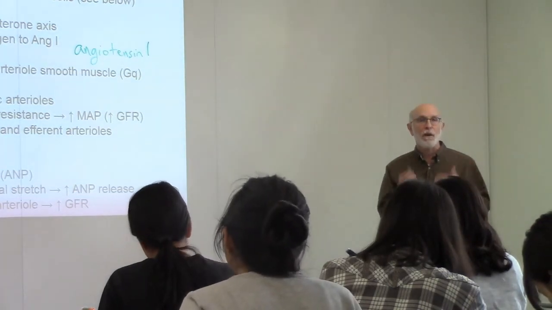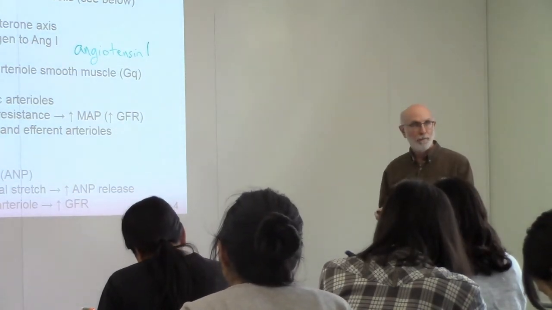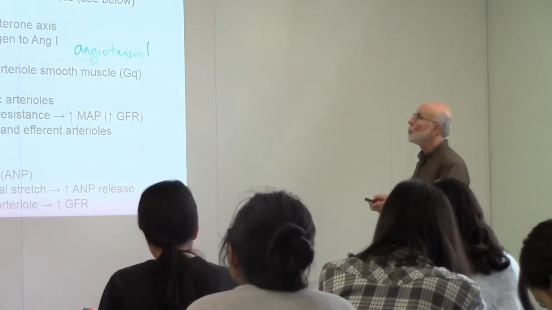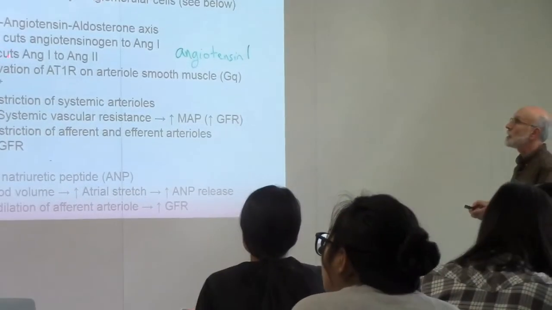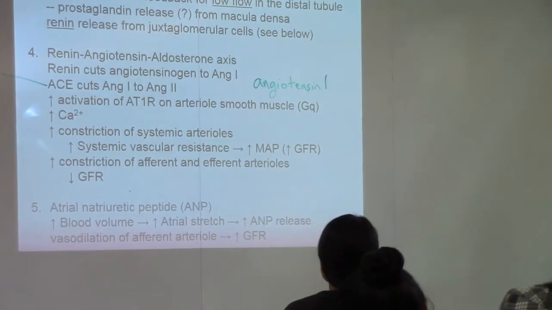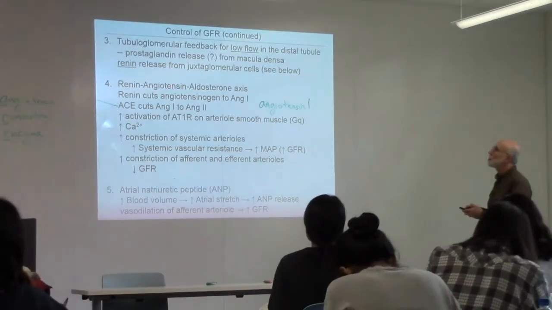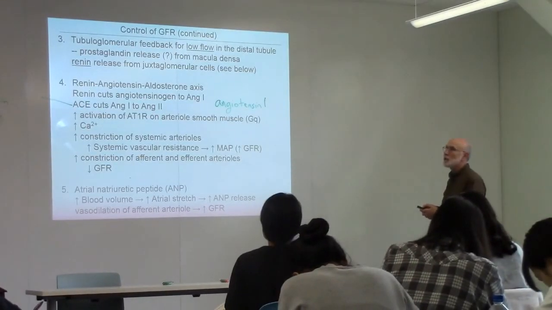Angiotensin 2 is the functional hormone. So we've gone from renin, starting this proteolytic cutting to make angiotensin, specifically angiotensin 2.